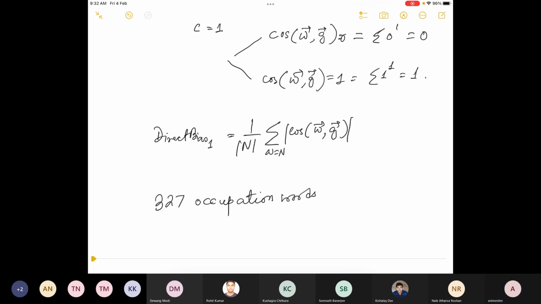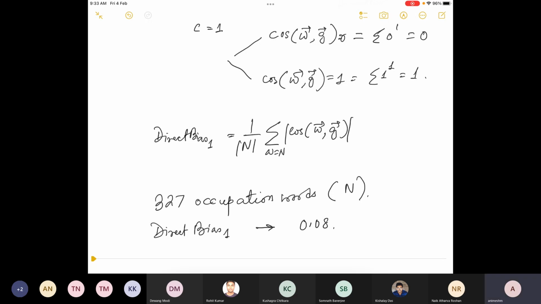So these are the set N. And they computed direct bias 1 on this data. Okay, and they found that its value is 0.08.